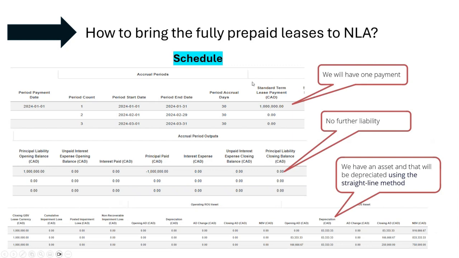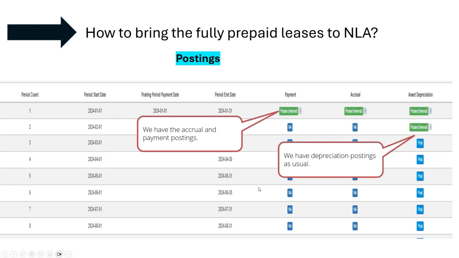And here we can see the first payment, and then we don't have other payments. And for the liability, we don't have any further liability. But we do have an asset and it is being depreciated using the straight line method. The postings we have are the payment accrual for the first period, and then our usual monthly depreciation postings.